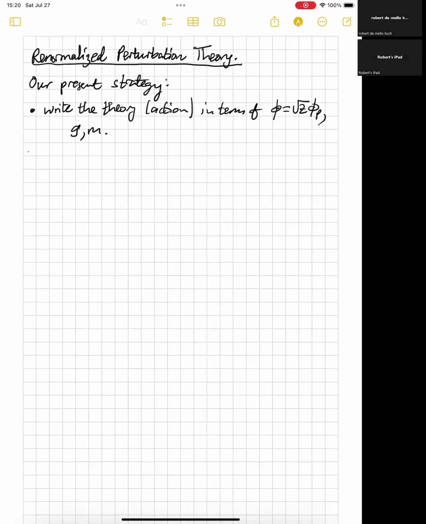So I work out the Feynman rules. Once I've got the Feynman rules, I can now compute any observable I want, some sort of correlation function, maybe a cross section, something like that. But we compute observables in terms of Z, M, and G. So we'd go ahead and calculate and get an answer in terms of Z, M, and G. And of course, this answer will depend on epsilon.